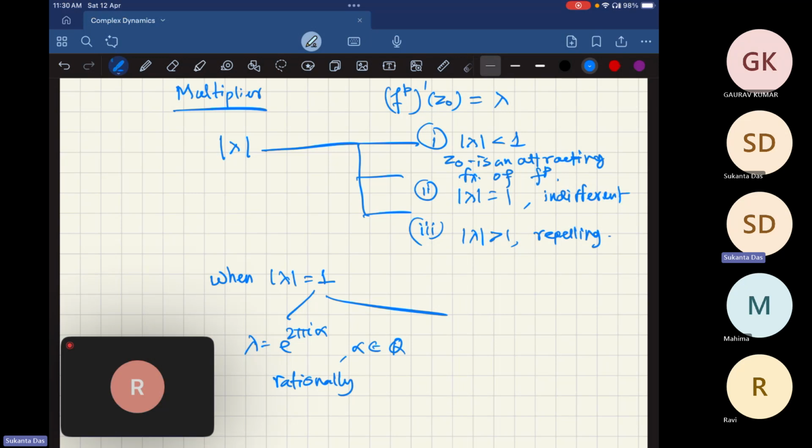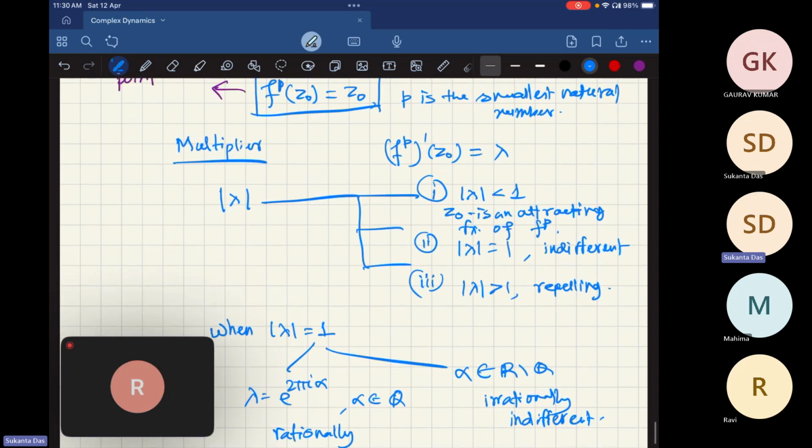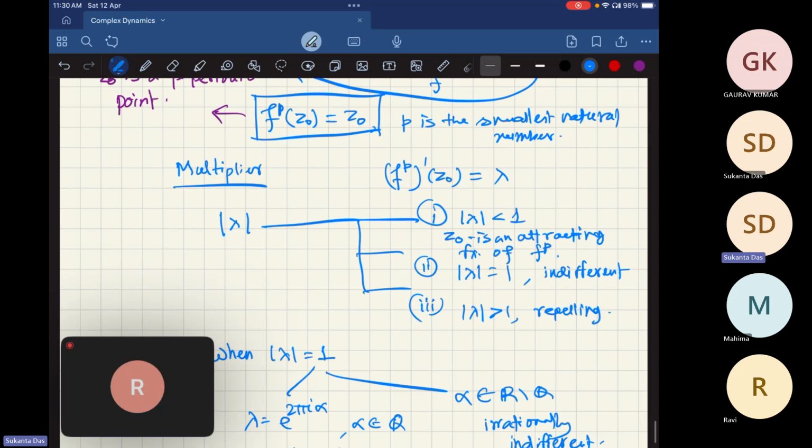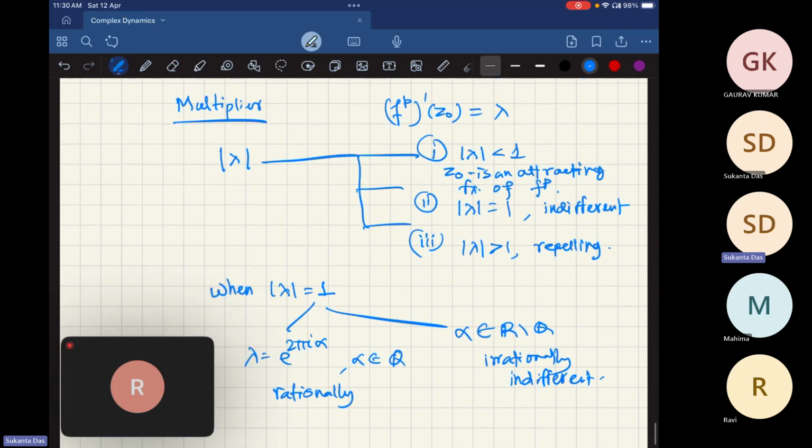And if this alpha is not in Q, basically in the complement of Q, that is an irrational number, then I'll say it is irrationally indifferent. Later, I will show how this classification is going to help us, and by this classification, we can actually find the dynamics of a function.